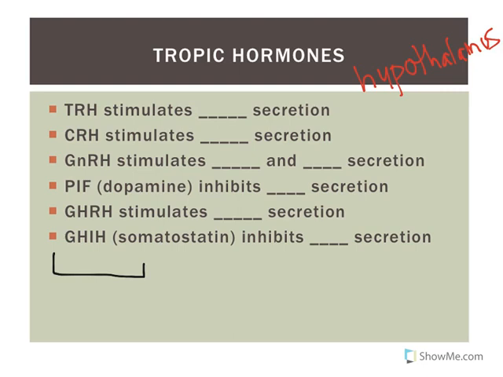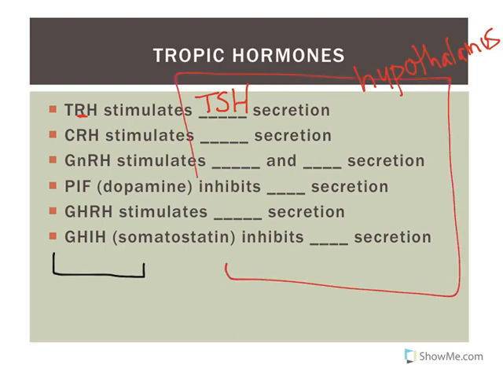So where you see the R's, those stand for releasing. So thyrotropin releasing hormone is TRH. That tells you it stimulates the secretion of a hormone, specifically a hormone called TSH, which is made by the anterior pituitary. So all the hormones I list over here will be produced by the anterior pituitary gland.